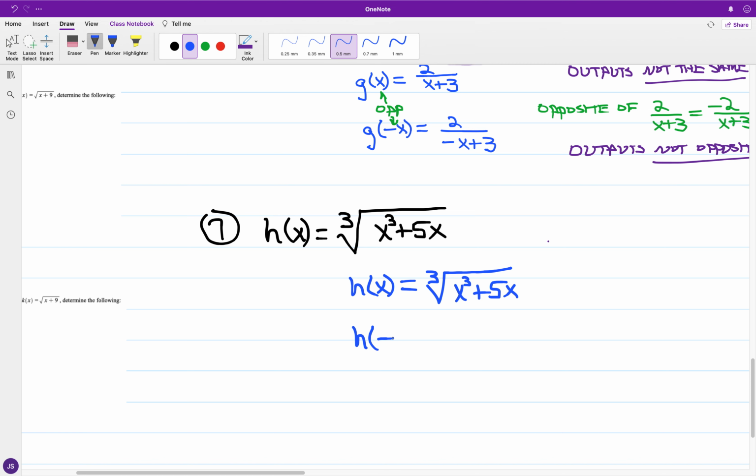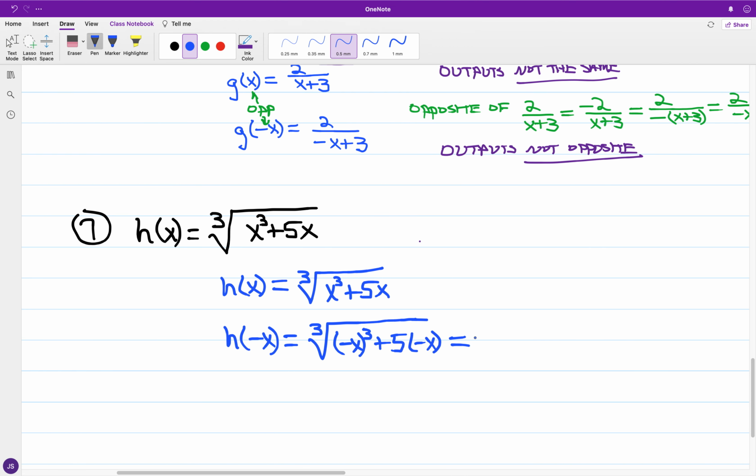And with h of negative x, we have the cubic root of negative x raised to the third plus 5 times negative x. So you have the cubic root of negative x cubed minus 5x.